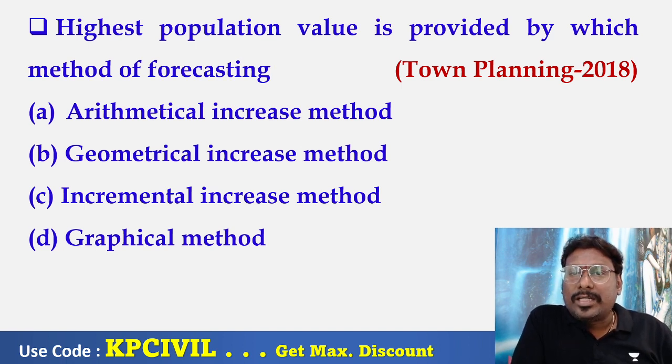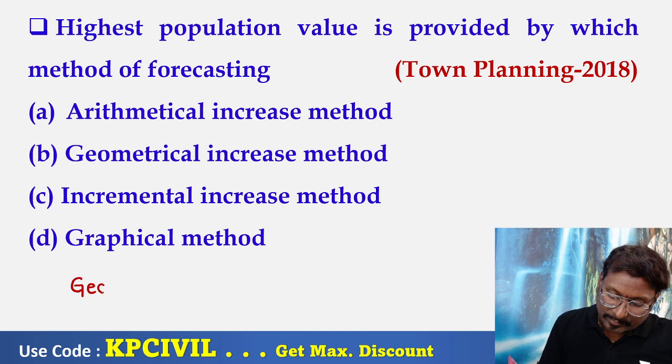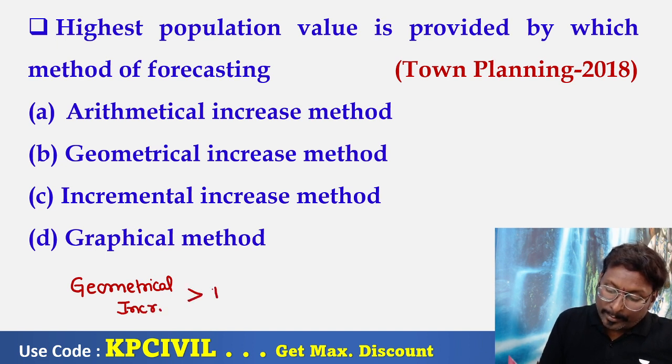Highest population value is provided by which method? You know it now. Geometrical rate method is first, followed by mostly incremental increase, then arithmetic increase.